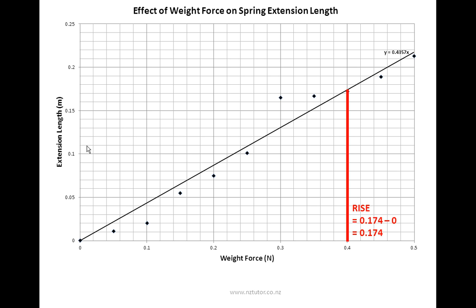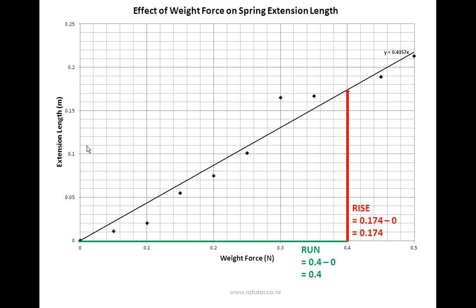I would look up from that, and my rise, this red line here, would be calculated as the top y value there of 0.174, where the line is, minus 0, because it's that whole length of that red line right down to the 0, and that equals 0.174. That's my rise. Now my run is from that point of 0.4 all the way back to the 0, which is of course calculated as 0.4. So that's a nice easy way to read the graph.